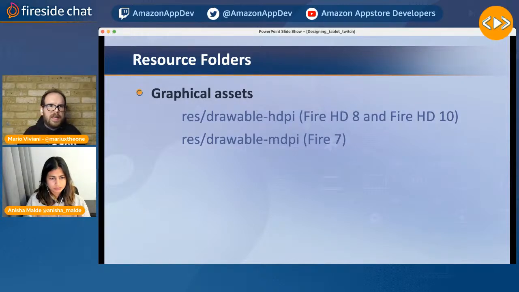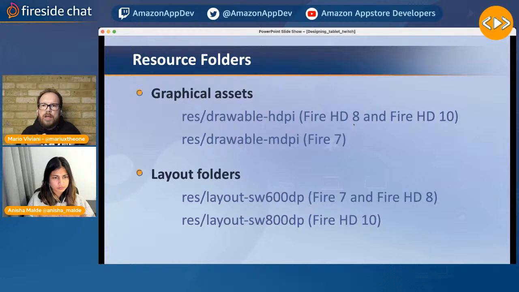So usually you create this folder under the res folder of your project, and then you need to create a folder called drawable-hdpi or drawable-mdpi. For Fire tablets specifically, you will use drawable-hdpi for Fire HD8 and Fire HD10, and drawable-mdpi for the 7-inch device.